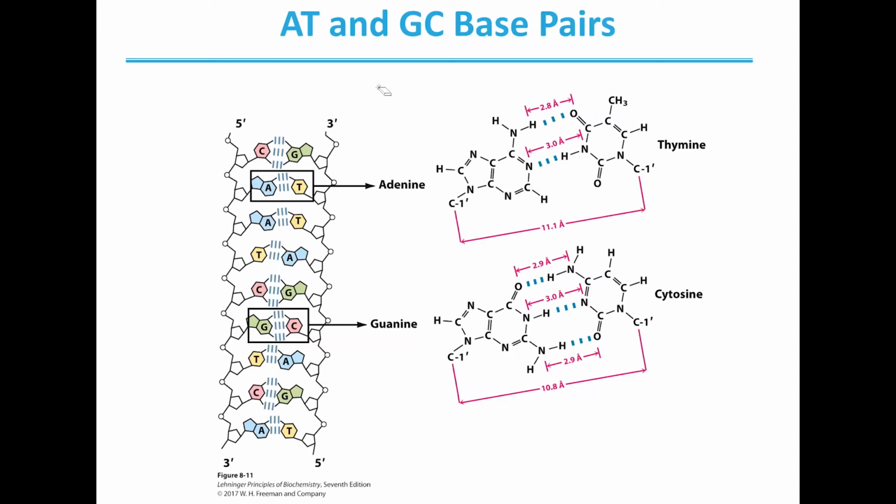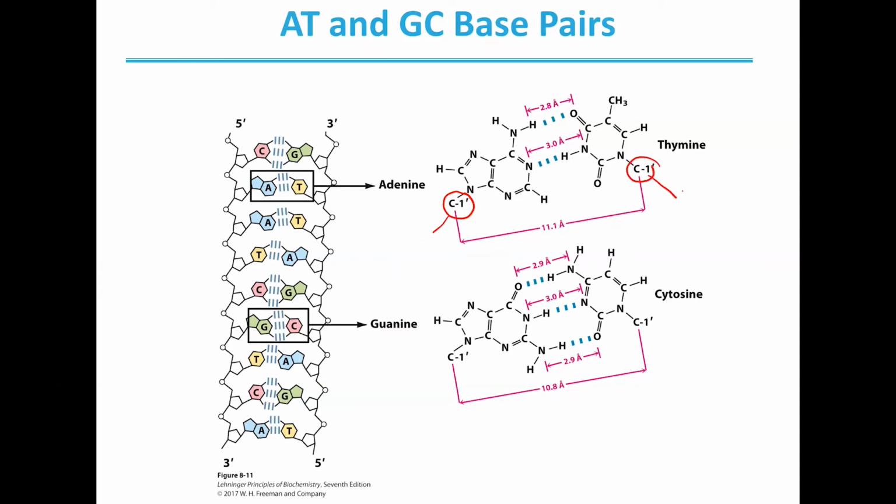Here is the actual hydrogen bonding that occurs between AT and GC pairs in a DNA type structure, or a double strand of nucleic acids. You can see that adenine, which is shown here, and we're showing right here is where it is bound off to its sugar on the side.